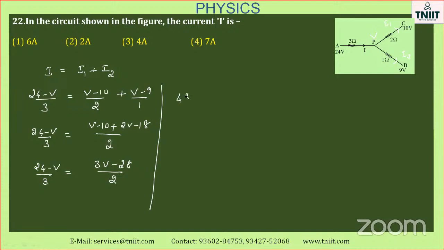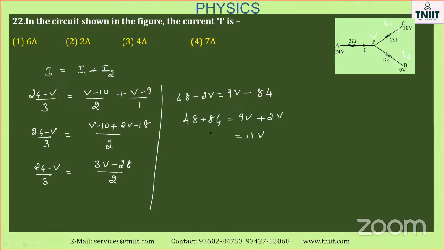So cross multiply. 48 minus 2V is equal to (9V minus 28) into 3. 28 into 3 is 84, no? So 48 plus 84 equals 9V plus 2V.